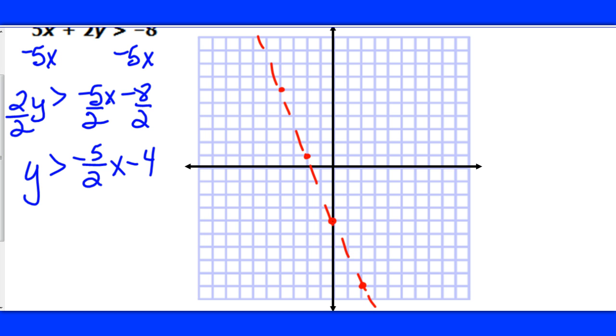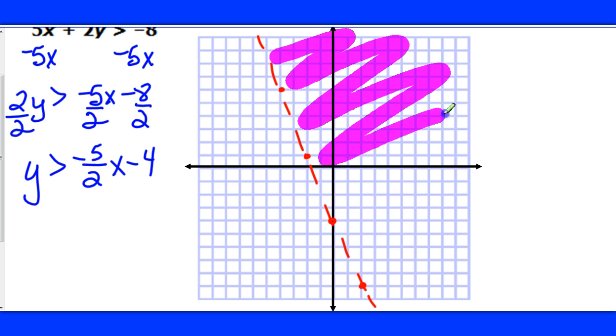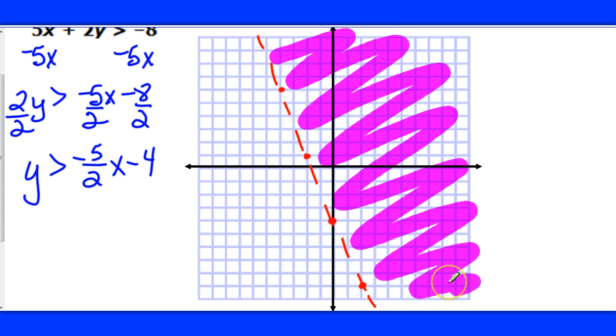And now we just have to decide which side are we going to shade. Since this is greater than, we're going to shade above the line. If you're not sure where above the line is, look at your y-intercept and say, okay, this is above it. So I'm going to shade right here, and there it would be.